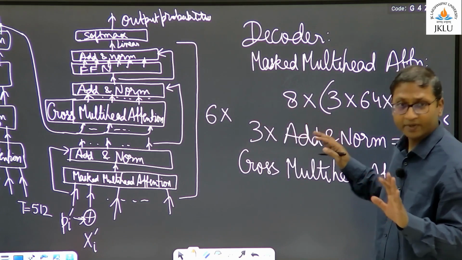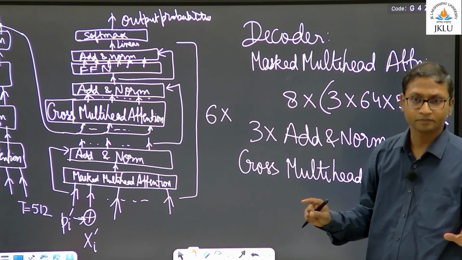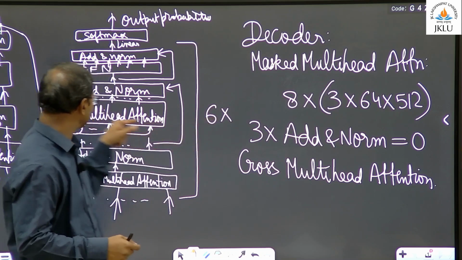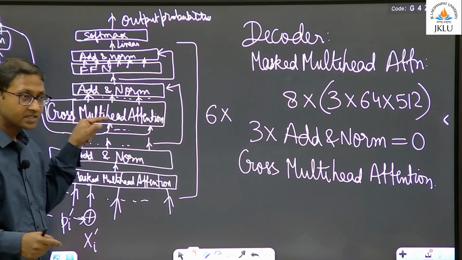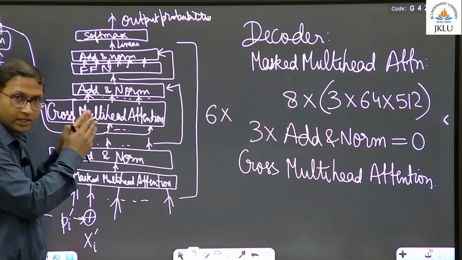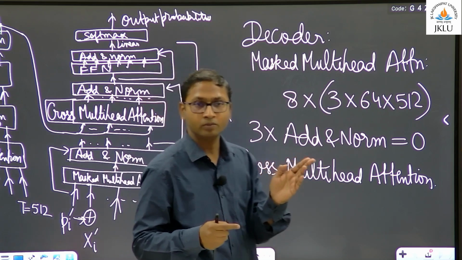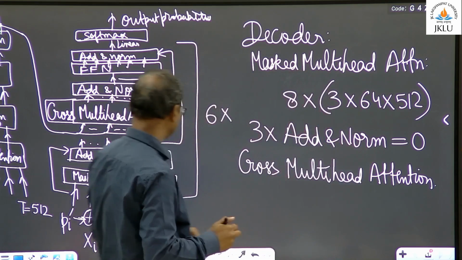So the number of parameters will still be the same, or will they change? See, what is changing here? Just that queries are coming from decoder and values and keys are coming from encoder. That is the only difference.